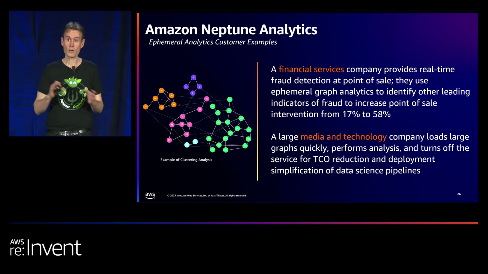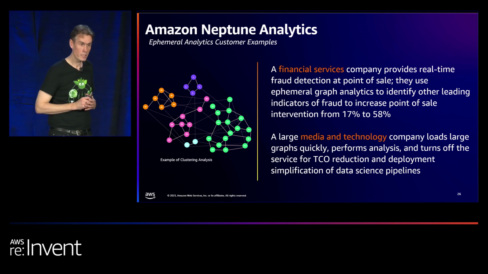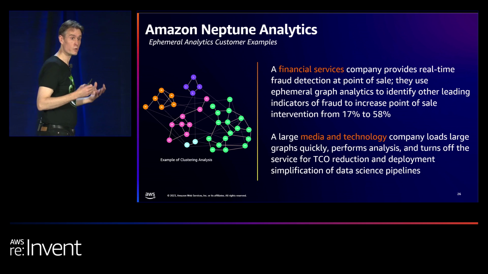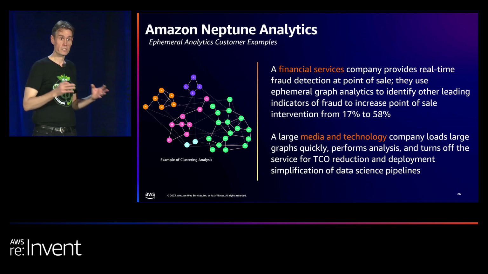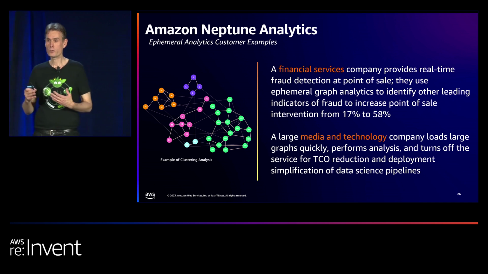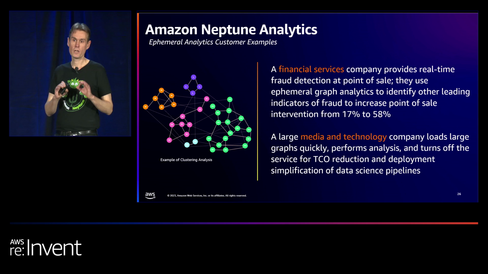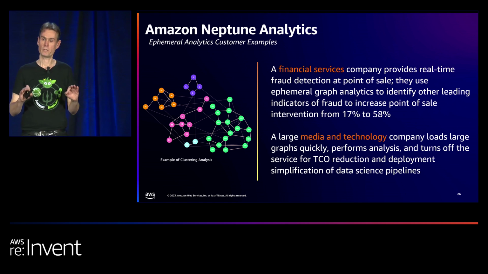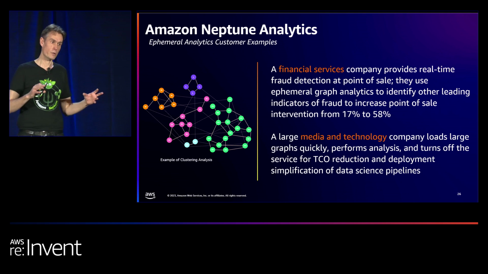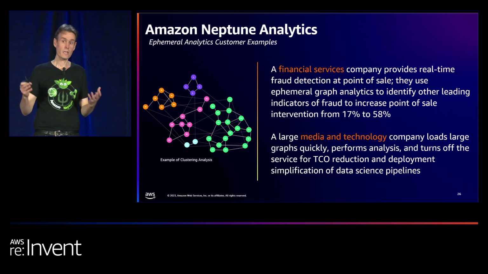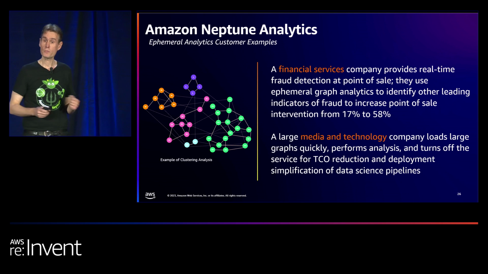And we also had a large media and technology company reduce their overall time and total cost of ownership for their data science pipelines using a similar workflow. So taking advantage of the memory-optimized architecture of Neptune Analytics to load graph data very quickly, issue algorithms, and then they may keep the graphs running or they may shut them down.